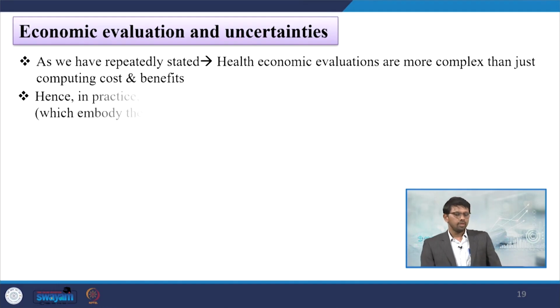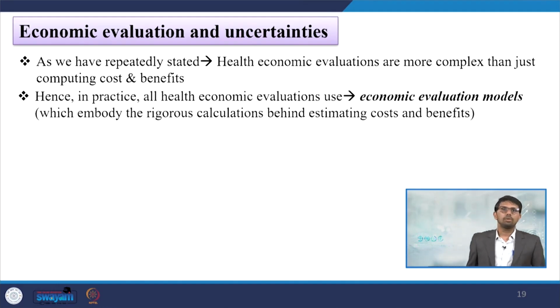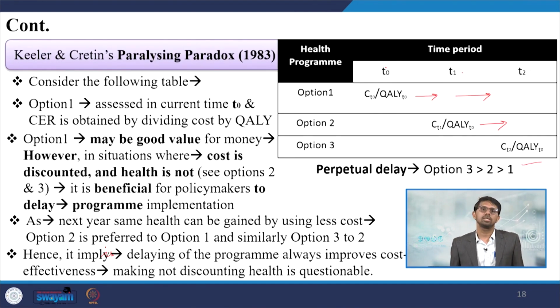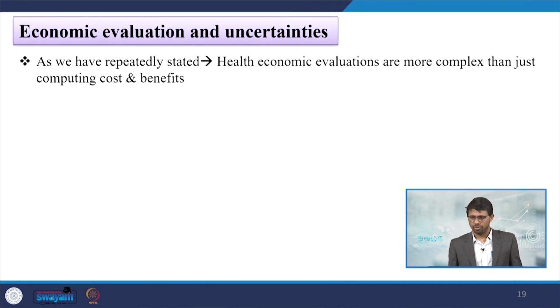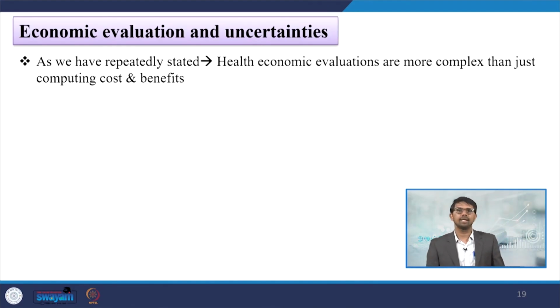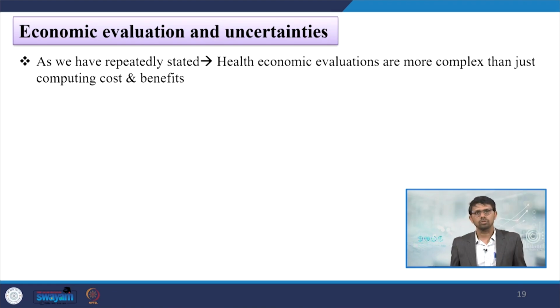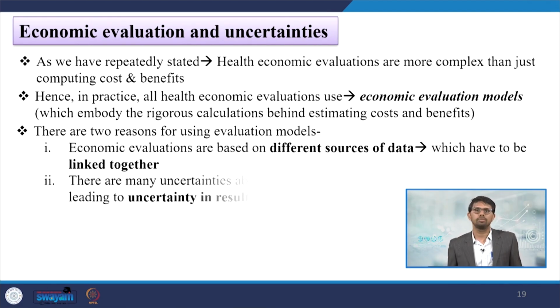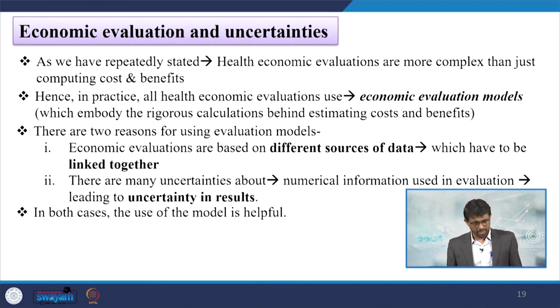Now we are discussing economic evaluation and uncertainties, and we have discussed so far the cost and the discounting aspects of evaluation. As we have repeatedly stated, health economic evaluations are more complex than just computing cost and benefits. Hence, in practice all health economic evaluations use economic evaluation models, which embody the rigorous calculation behind estimating cost and benefits.